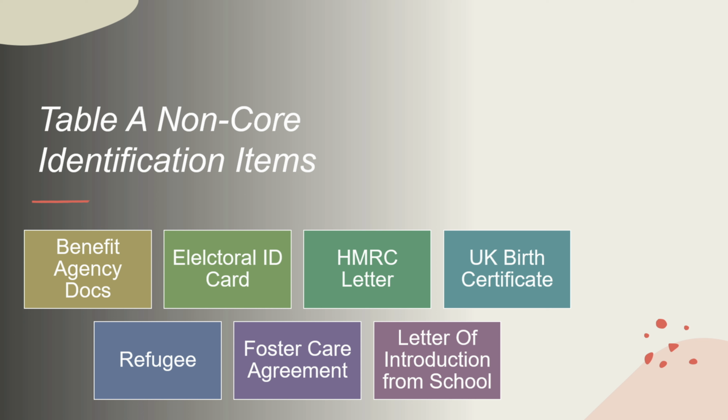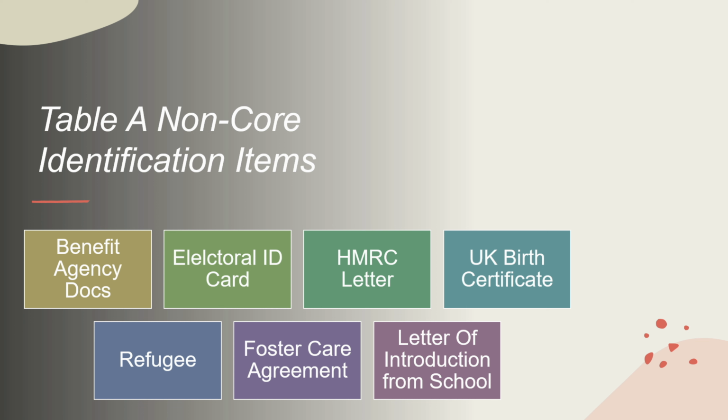If you're claiming any benefit, maybe disability or child benefit or any benefit at all, you can use this. If you also have an electoral ID, maybe you registered to vote in the country, normally you get an electoral ID card. A lot of people don't have it, but you also get a letter as well. The next one is the HMRC letter, and the UK birth certificate.